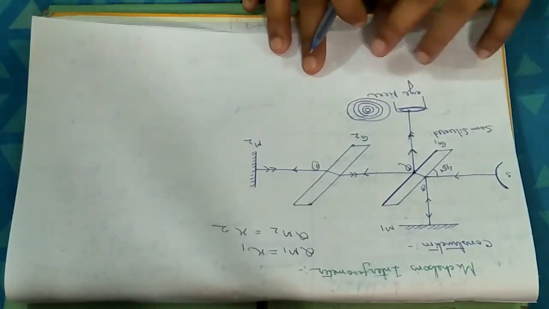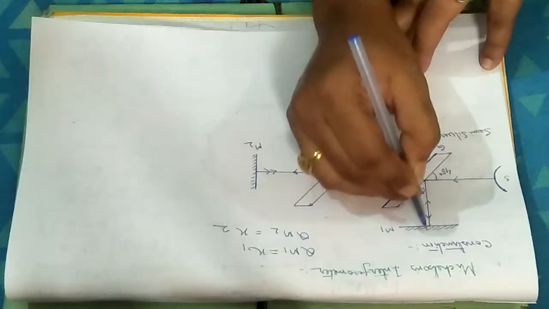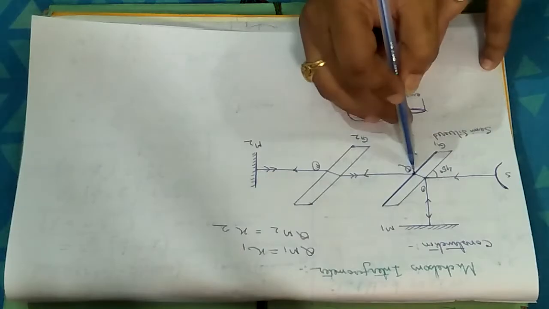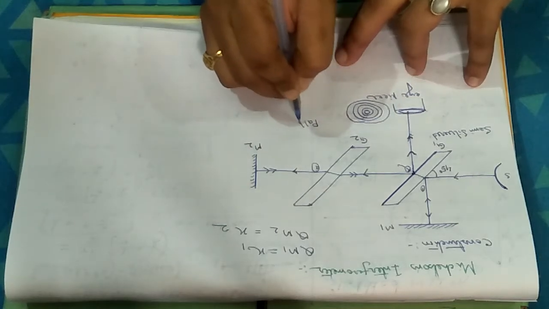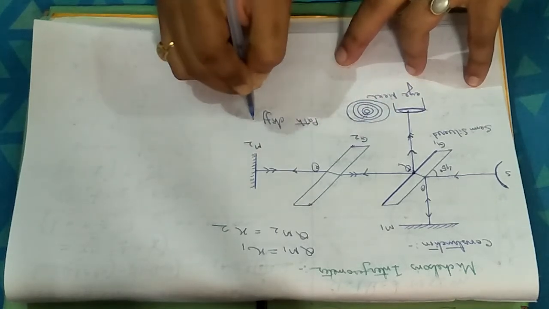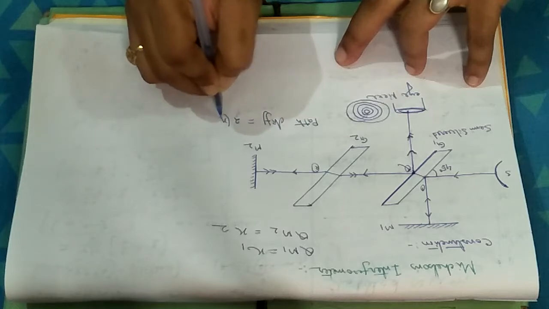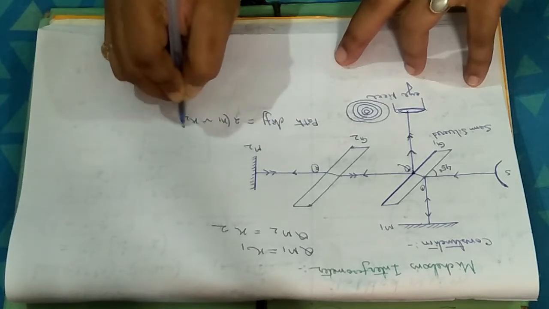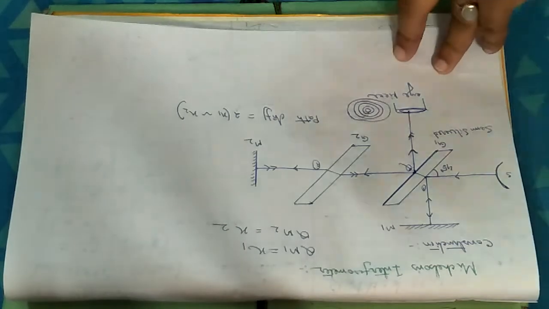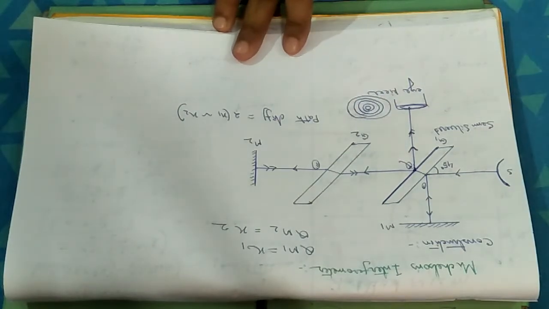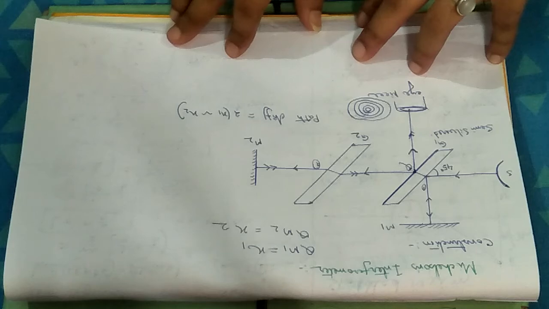The path difference: this is going x1, then again x1, and this is going towards x2, again x2. So the path difference will be 2 into x1 difference x2. I have not written minus, I have written difference in order to make you understand that it may be plus or minus depending upon the arrangement of the mirrors.